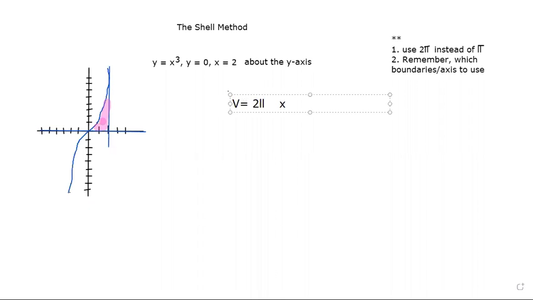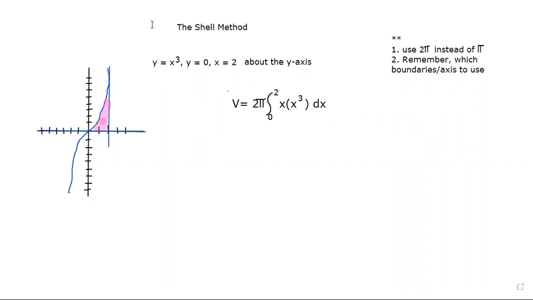So that's going to be x times x cubed dx. Now, remember what we said earlier, that if we're moving about the y-axis, we need to look at our boundaries that are on the x-axis. And our boundaries here will be from 0 to 2. And our function is x and then x cubed.